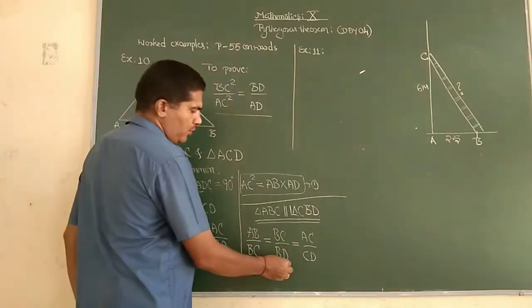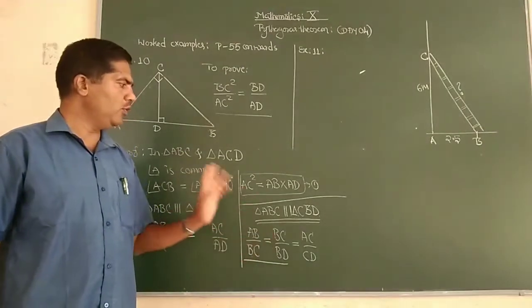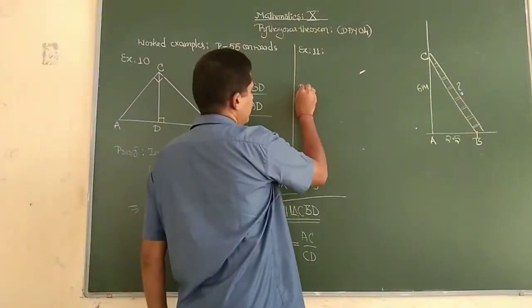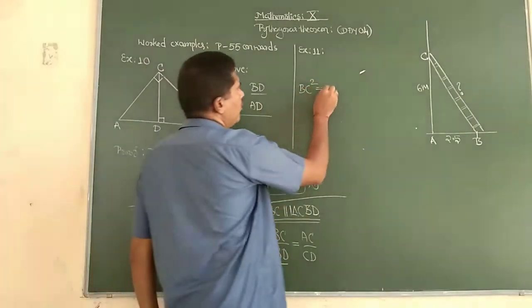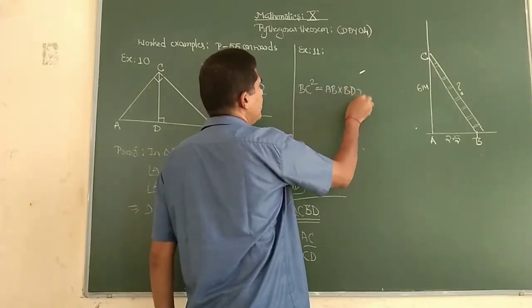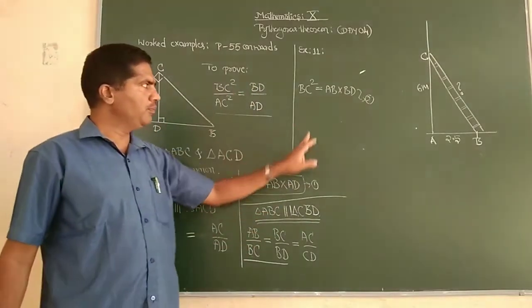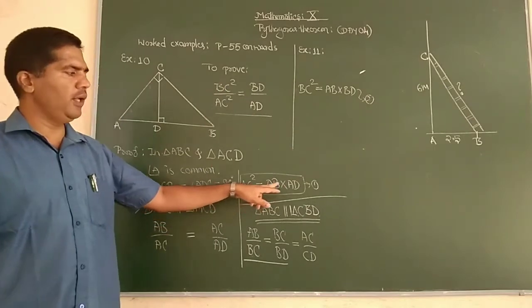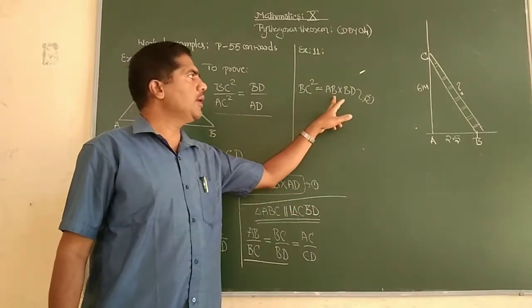Now in these two you can write BC square equal to AB into BD. So I will rub later. BC square equal to AB into BD. Let me call this equation 2. Now observe equation 1 and 2. In equation 1 you have AC square equal to AB into AD. In equation 2 I have BC square equal to AB into BD.